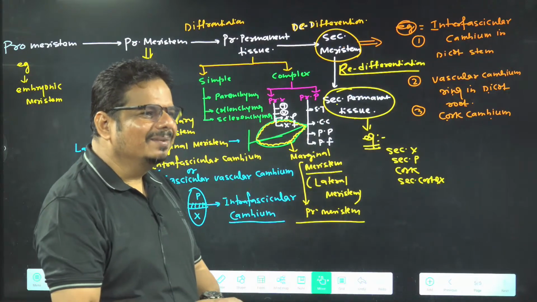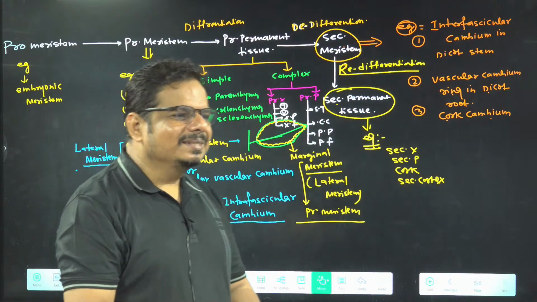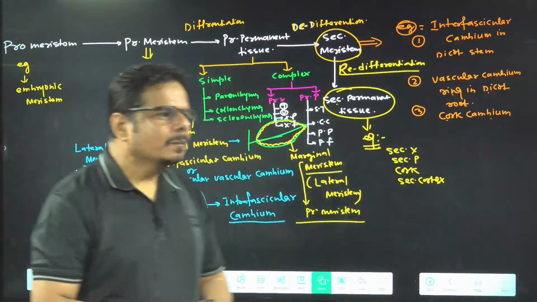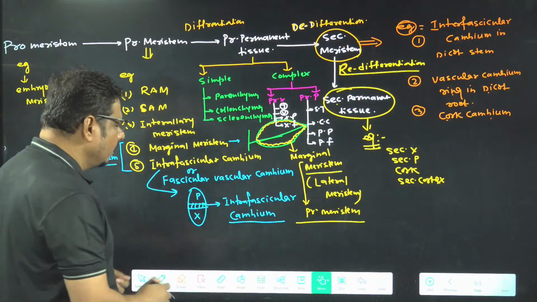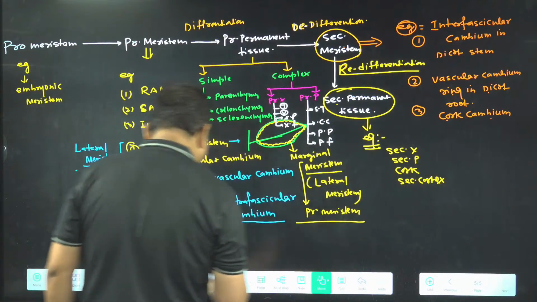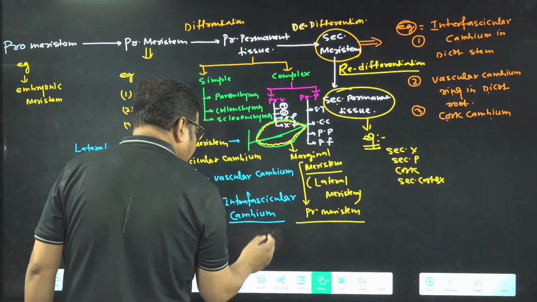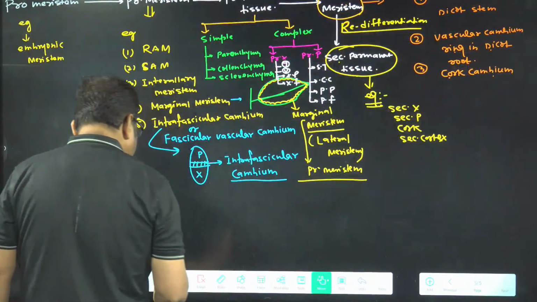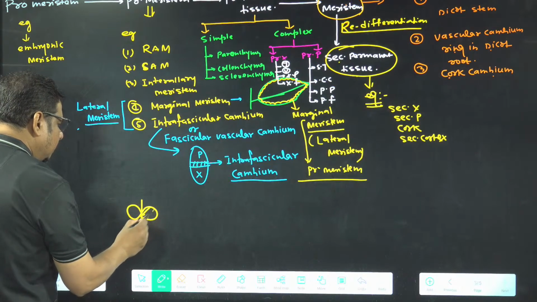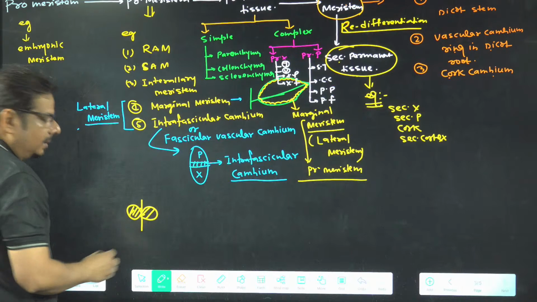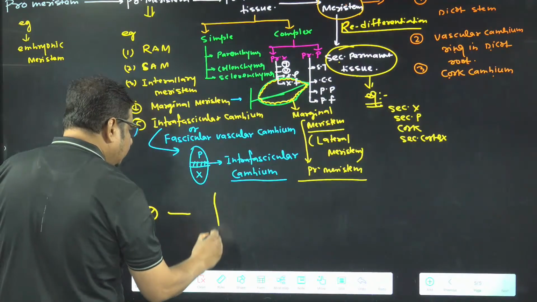There is no name for the process by which it gives rise, like differentiation, de-differentiation, redifferentiation, nothing is there. The embryo grows and a new plant forms. I am just drawing a diagram here. This is the embryo. Now the embryo is forming a plant.